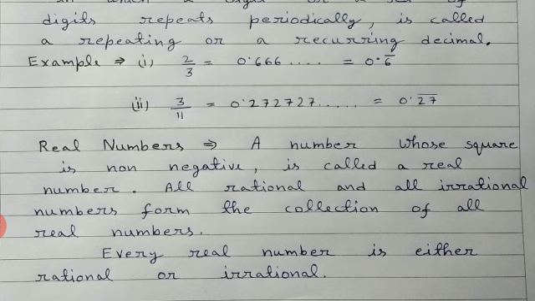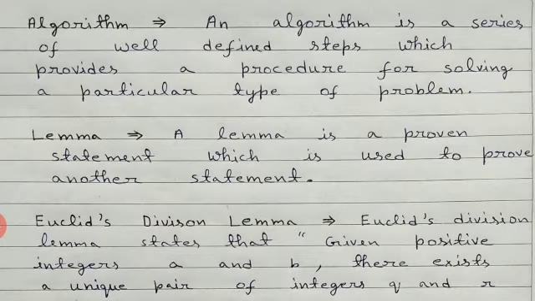Students, before teaching Euclid's division algorithm, we need to know what an algorithm is and what a lemma is. An algorithm is a series of well-defined steps which provides a procedure for solving a particular type of problem.